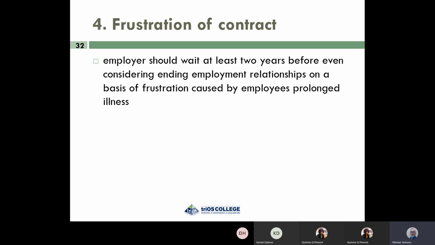In our society, we try desperately to keep those connections. And maybe there's a good reason, but an individual can become extremely ill, can contract cancer, can have all kinds of issues.